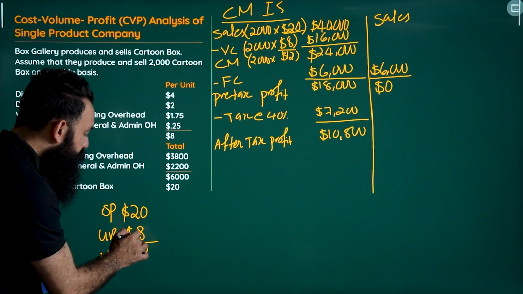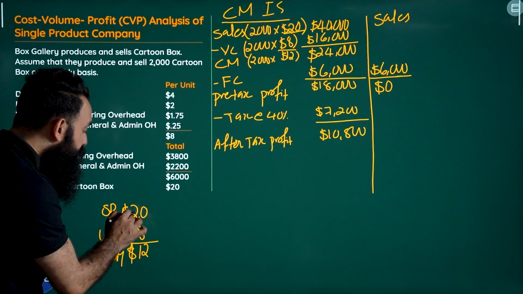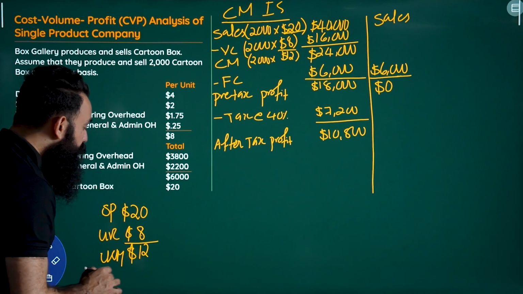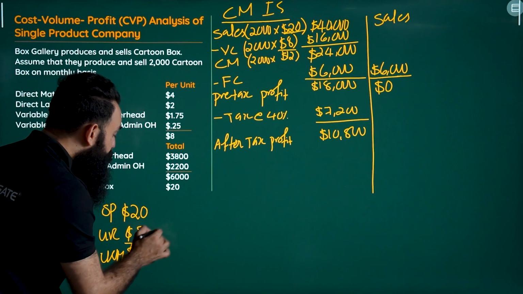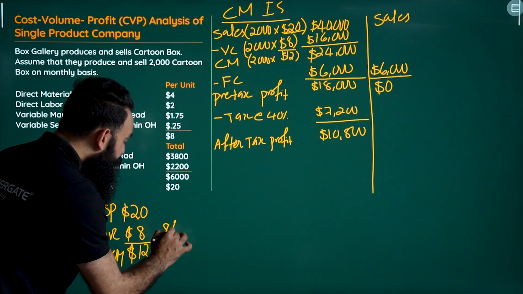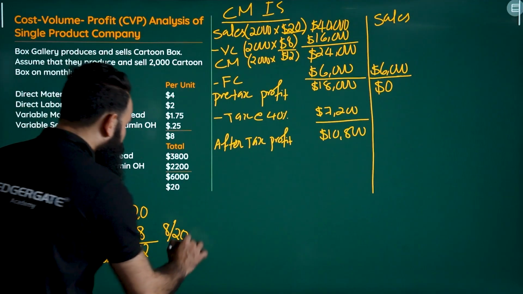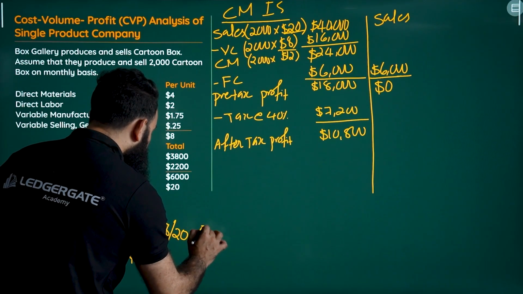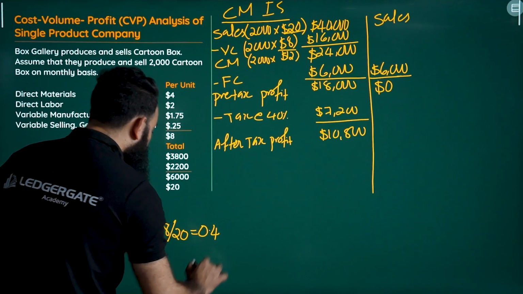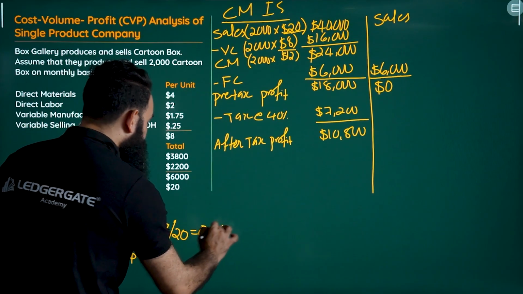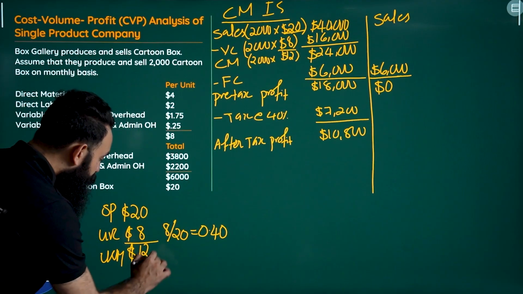But here, what about this? This 8 will be how much percentage of $20? You would say 8 by 20. 8 by 20, how much percentage would it come? That would be 40%. In fraction, you would say 0.4, right? Mathematically. And what about this?